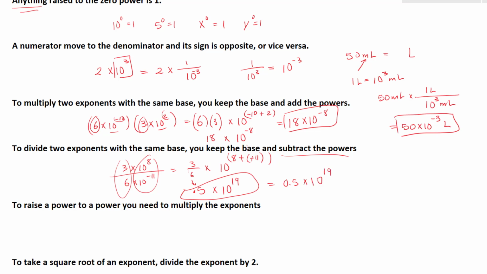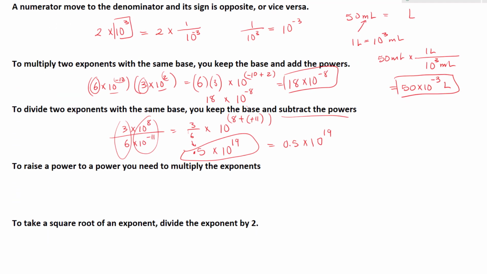Isn't that nice? Now let's say we have an exponent raised to a power. We multiply the exponents. For example, let's look at this in terms of chemistry. We have 5 times 10 to the second, and this is raised to the second again. This is basically common math; we square numbers all the time. So we can break it down into 5 to the power times 10 to the second raised to the second.